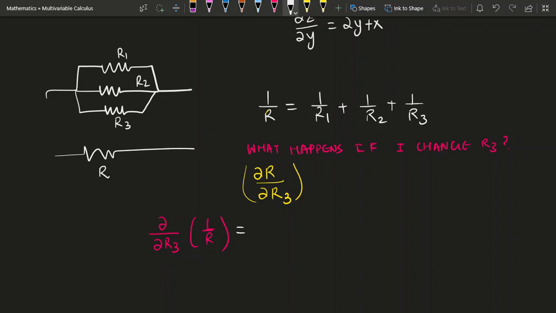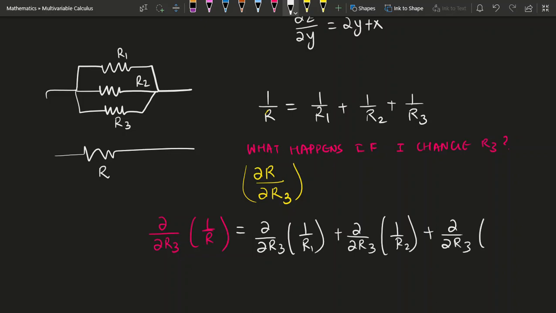That would be equal to del over del R3 of 1 over R1 plus del over del R3 of 1 over R2 plus del over del R3 of 1 over R3. Since R1 and R2 are considered to be constant when we are partially differentiating with respect to R3, both of these are just constants, and so the derivatives just are 0 in both of these cases.